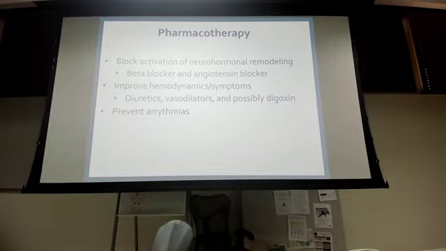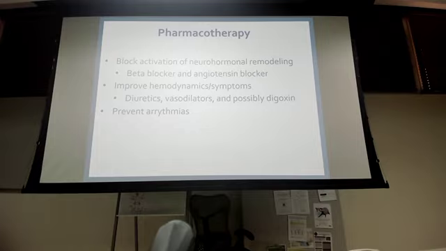So now we're going to talk about pharmacotherapy, specifically in heart failure. There are 3 broad goals with heart failure medications. You want to block that neurohormonal activation we just spoke about. That's going to be with beta blockers, ACEs, ARBs, the ARNIs, and MRAs. So basically, the neurohormonal blockers are the ones that are going to give you decreased mortality and morbidity.